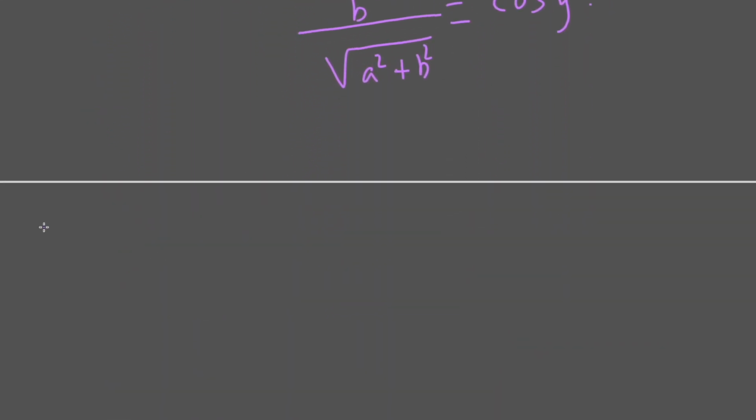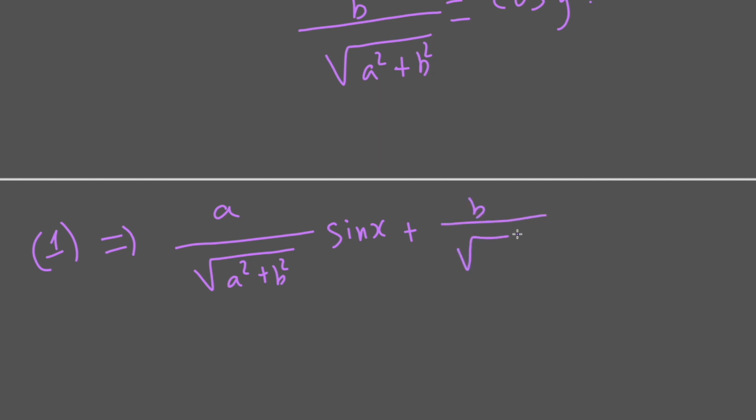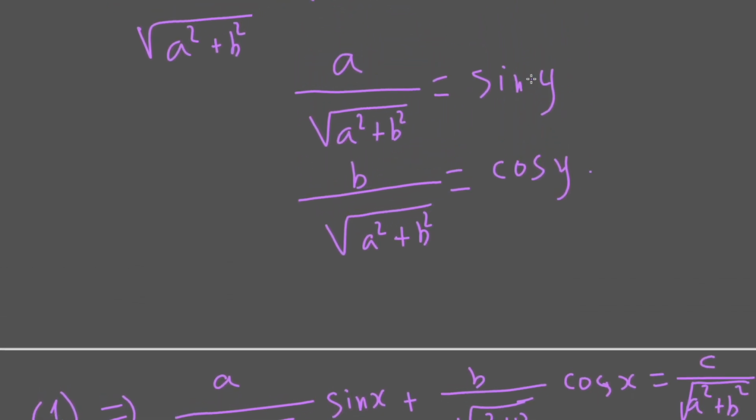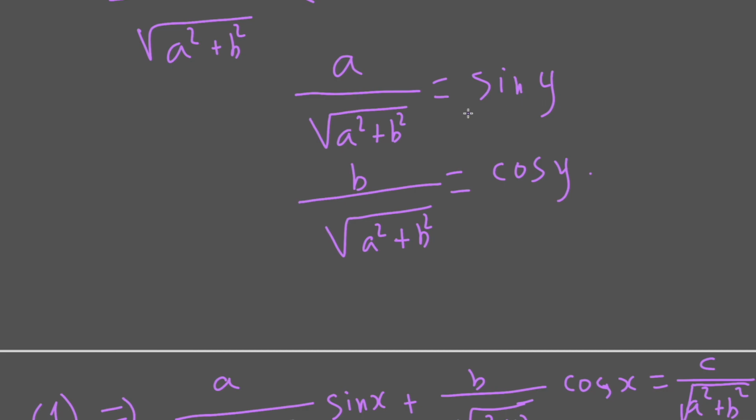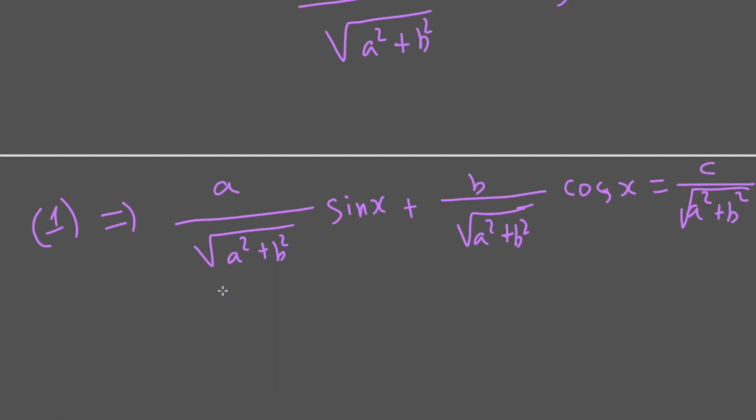So from 1, we will have A over square root of A square plus B square multiplied by sine x plus B over square root of A square plus B square multiply cosine x equal to C over the same thing. As the substitution variable here, sine y, we replace it into the equation.